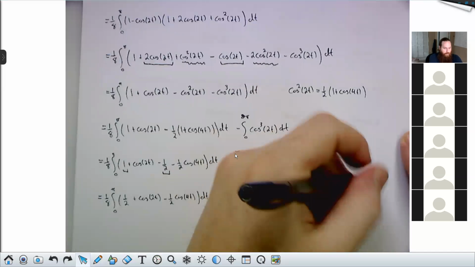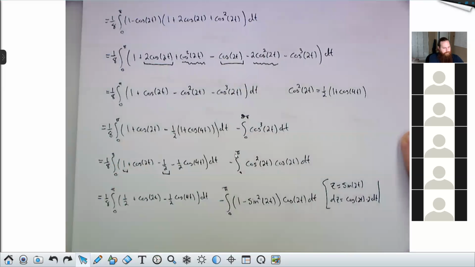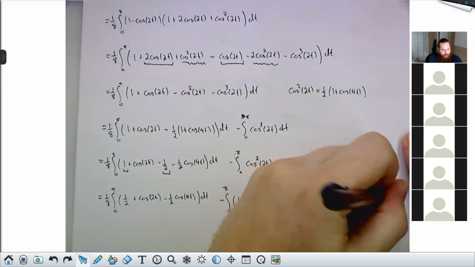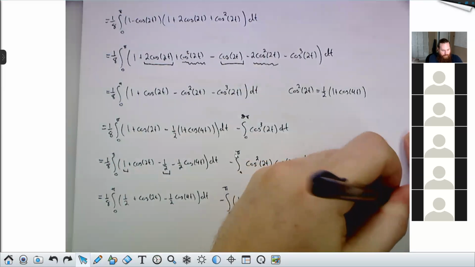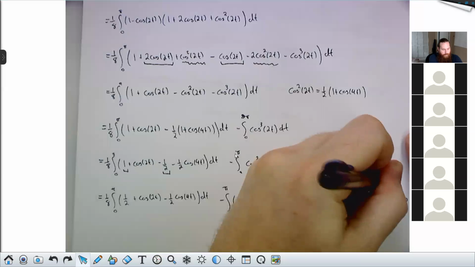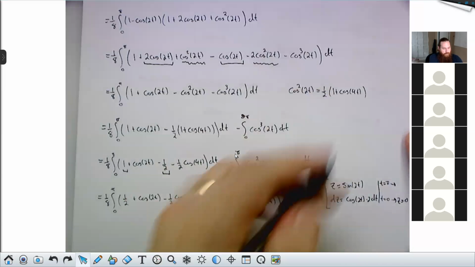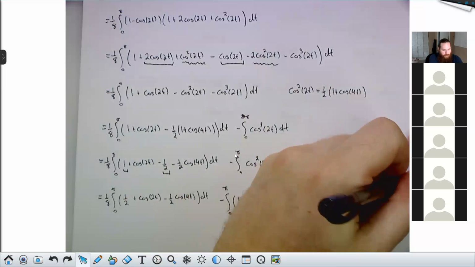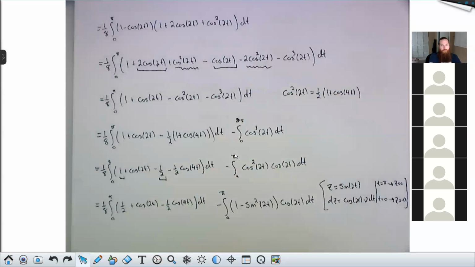And you also need to change your bounds. When t is equal to 0, z is the sine of 2 times 0, which is 0. And when t is equal to pi, z would be the sine of 2 pi, which is also 0. So your new integral is actually going to run from 0 to 0. Like I promised back here, this whole thing is 0.